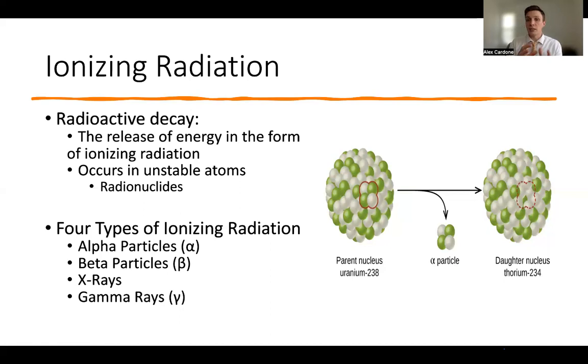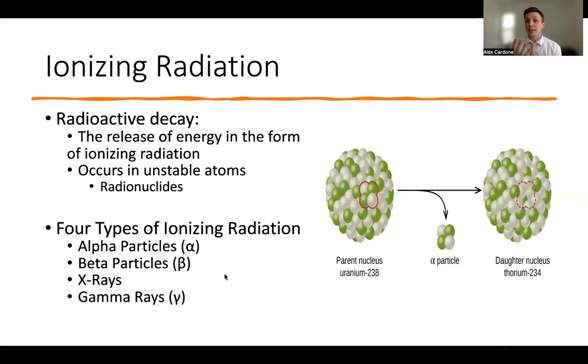Therefore, this parent nucleus no longer is uranium-238. Now it's actually the daughter nucleus of thorium-234. If you look more into it, it's 238 and then 234. There are 4 particles that ultimately came off with this. So it's really an active decay, and it's easy to wrap your head around that kind of effect. Pieces and chunks are coming off of these atoms themselves.